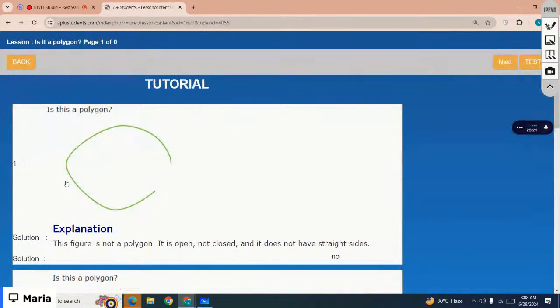Which is the correct option? The correct option is this is not a polygon, right?